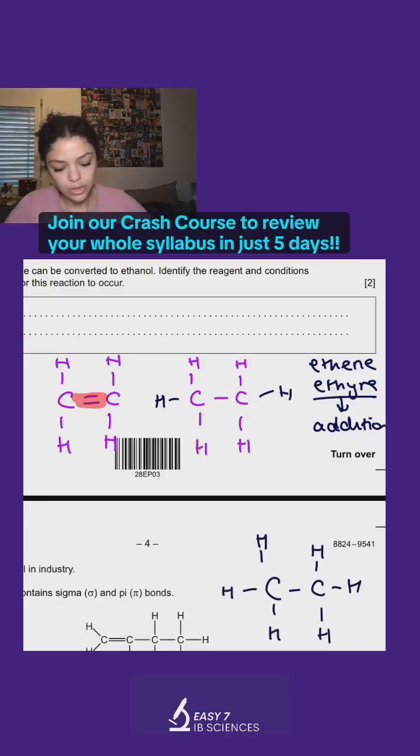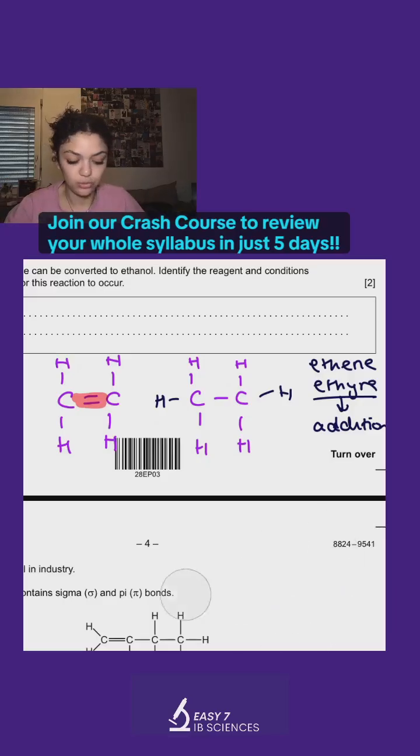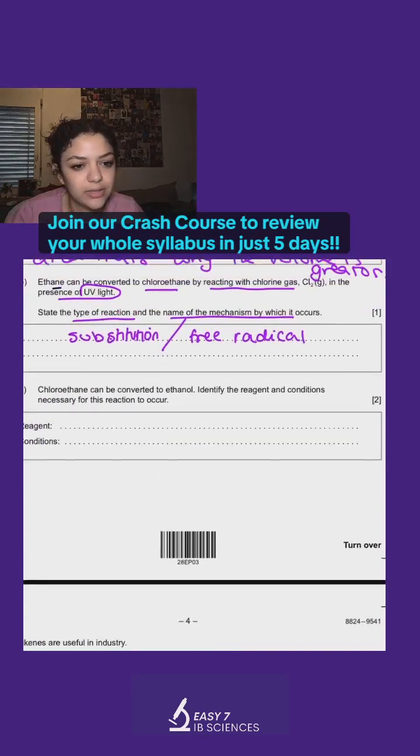So by rule of thumb, if everything is satisfied, then in order to change it from ethane to chloroethane, I'm going to be substituting my hydrogen with a halogen. A little hint for you guys to always remember: if it has a double bond, it's an addition, because you're opening that double bond and adding in another bond. But if it's an alkane, so no double bond, only single bonds, then you know it's substitution. Does that help, guys?